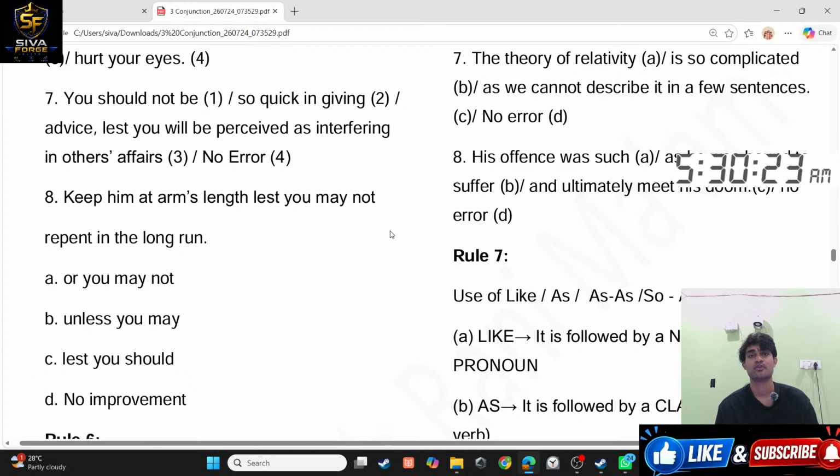13 cube, 14 cube, 15 cube 3375, 16 cube, 17 cube, 18 cube, 19 cube. 20 cube 8000, 21 cube 9261, 22 cube is 10648, 23 cube, 24 cube. 25 cube is 15625.